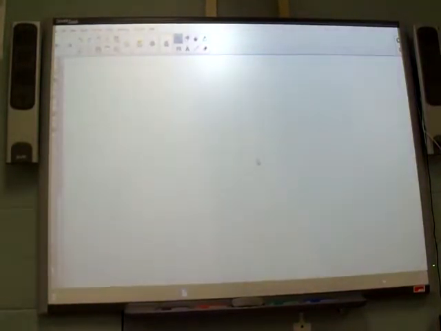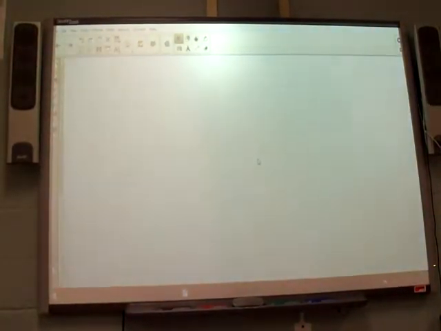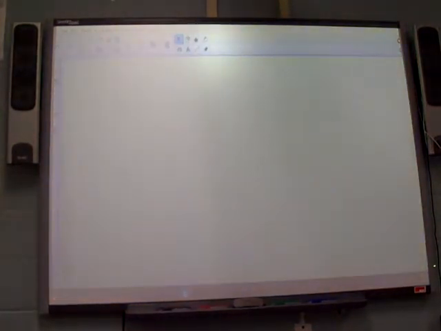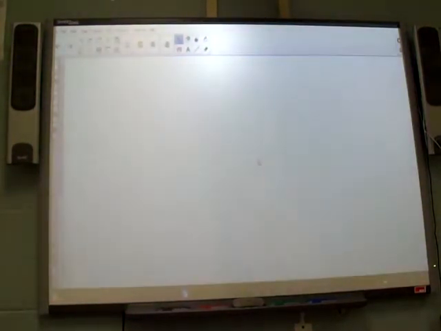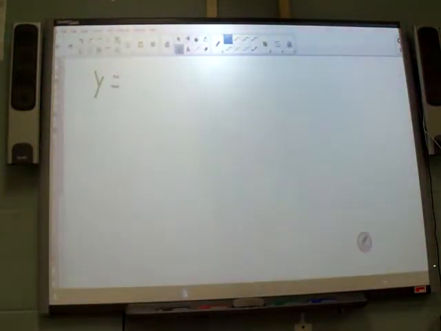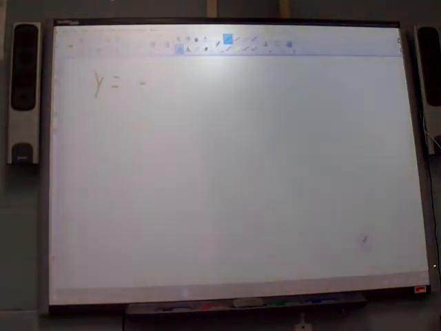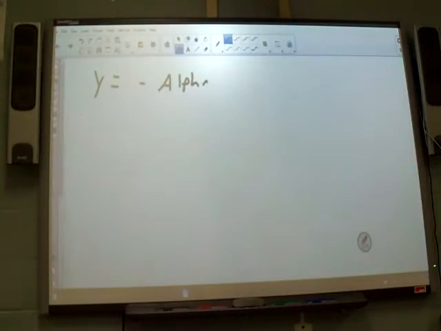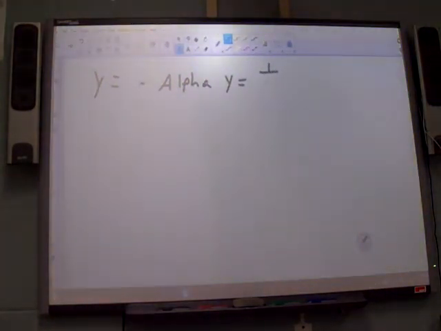Okay, we're on number 3. I'll write down my steps as I push the buttons for you as soon as my marker picks up. There we go. I hit the y equals on the very top, underneath the screen. Then I hit my negative, and then I hit my fraction, alpha y equals, and then I entered my numerator and entered my denominator.